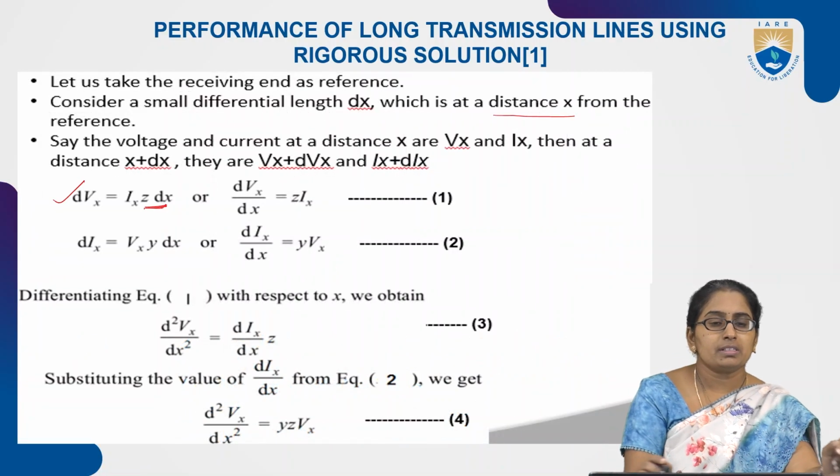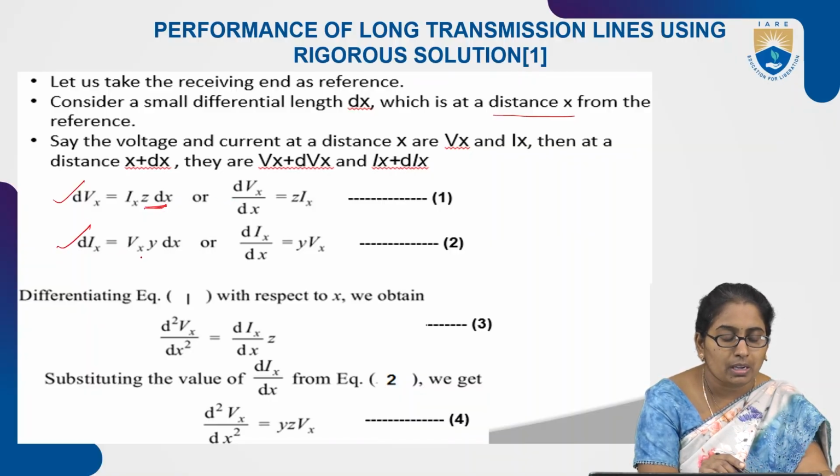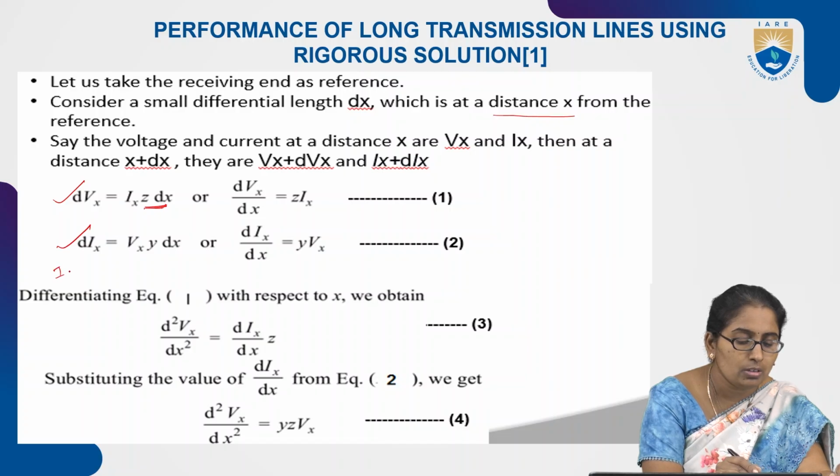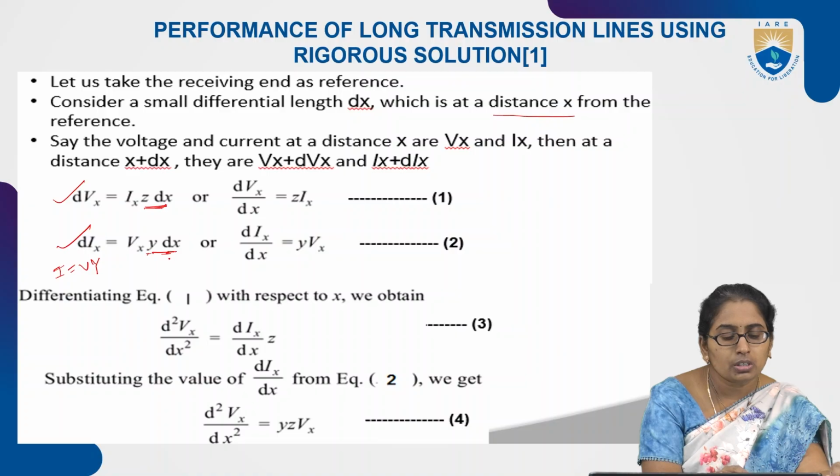So dVx is Ix into z dx, and dIx is given by I equals V into y, so dIx is Vx into y dx.